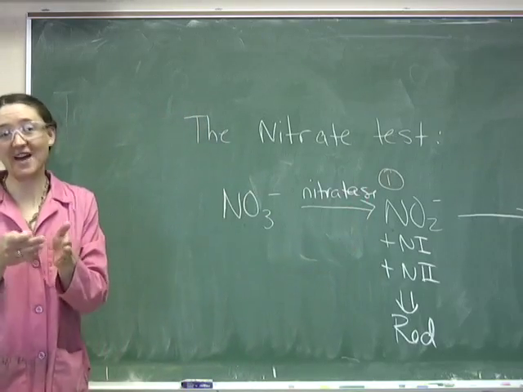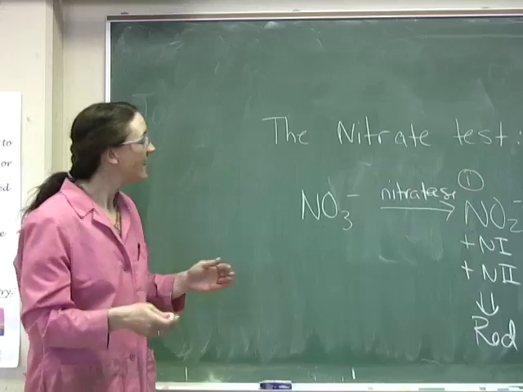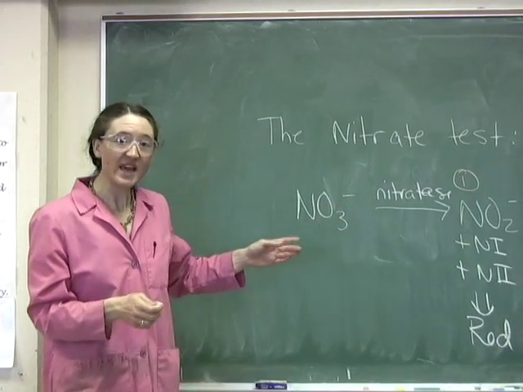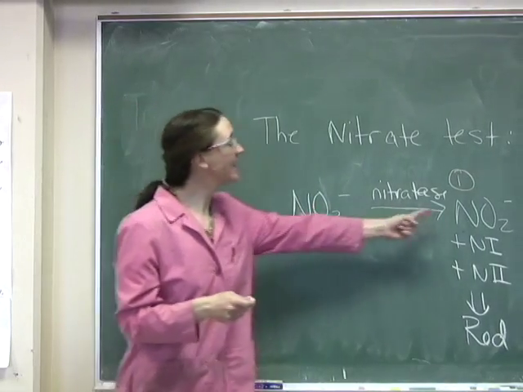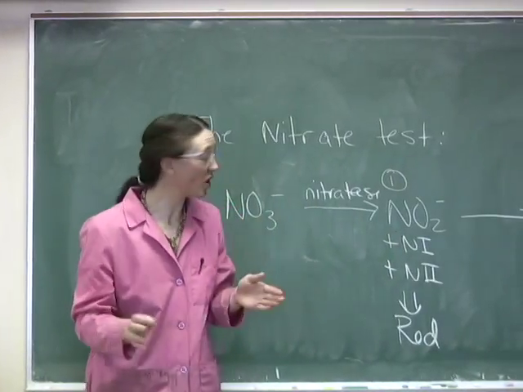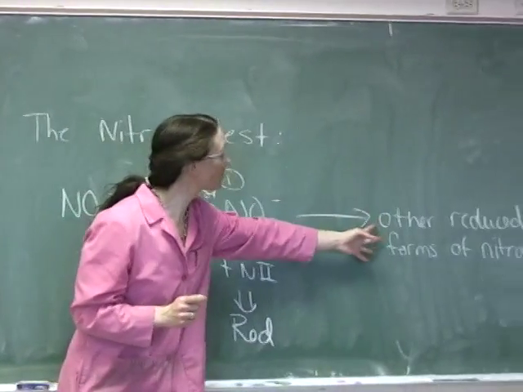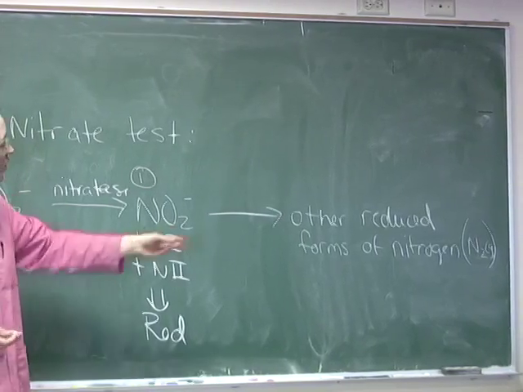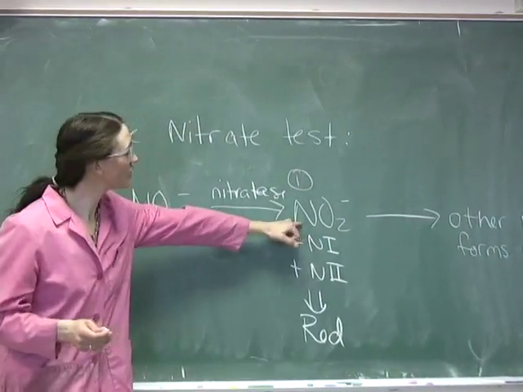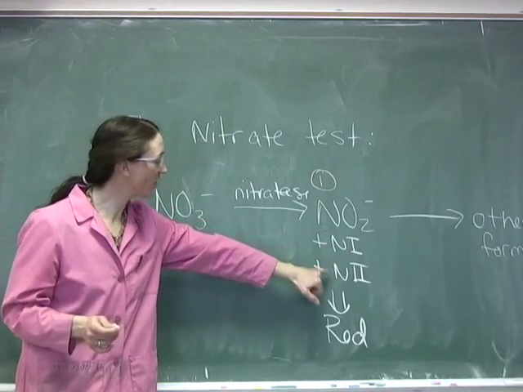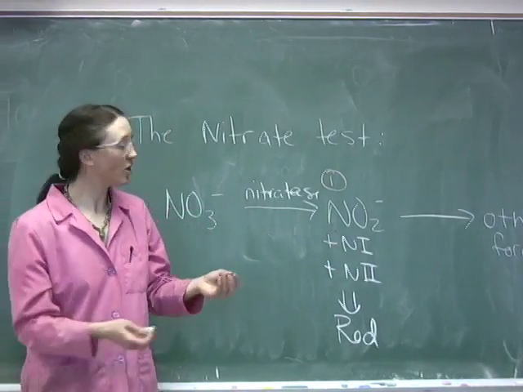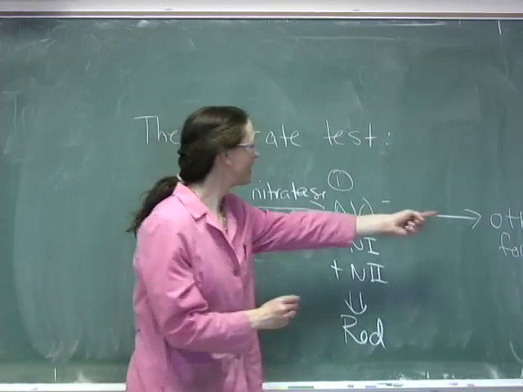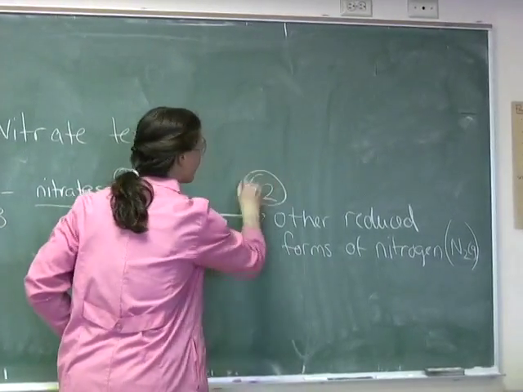The second way to be positive, though, is in organisms that convert nitrate to nitrite, but they keep on going, and they take it all the way to some other reduced form of nitrogen, maybe even nitrogen gas, right? And so in that case, there would be no nitrite there to react with nitrate 1 and nitrate 2, ever. So this would be, labeled in pink, the second way to be positive.